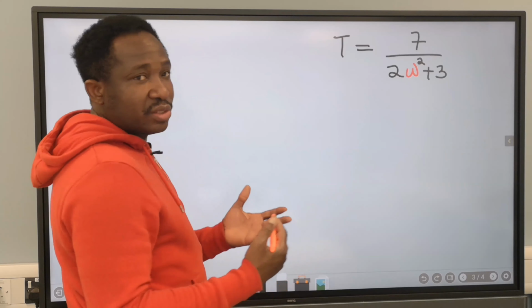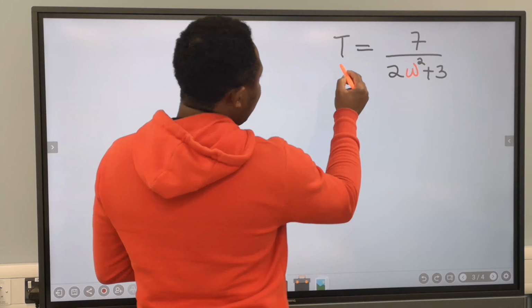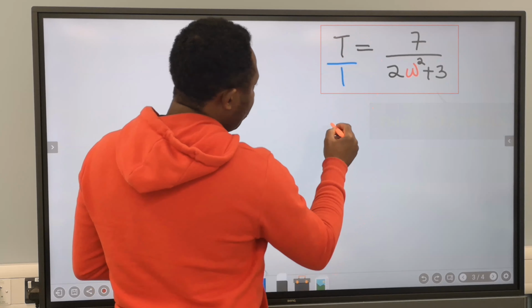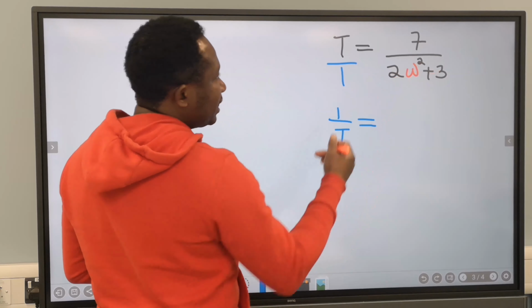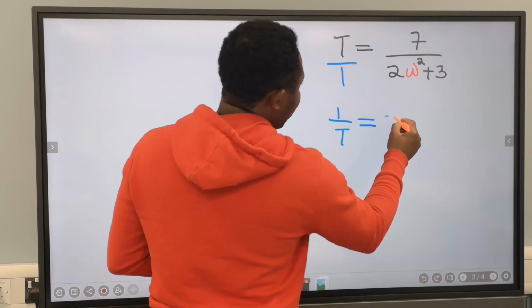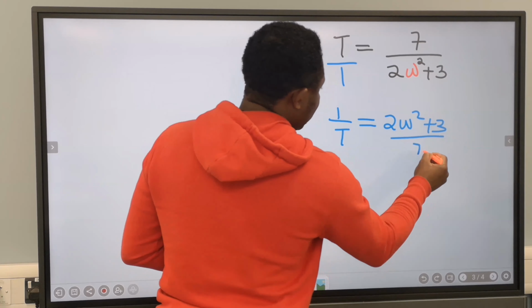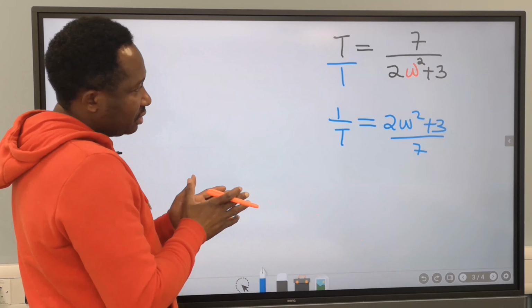There are many ways to do this. One method is, this is like over 1. If I flip this up to have 1 over t, I will do the same thing here by having 2w squared plus 3 over 7. This is one way of approaching this.